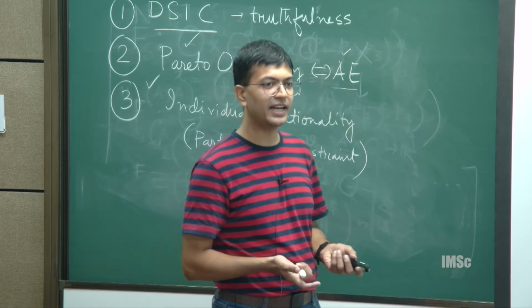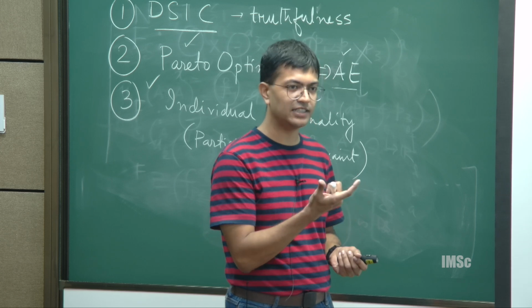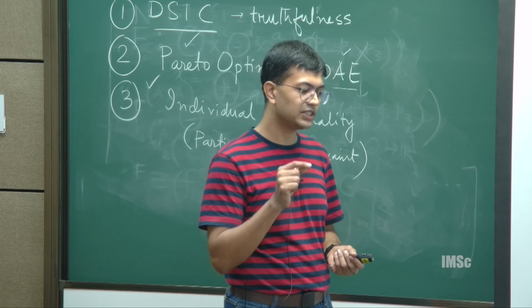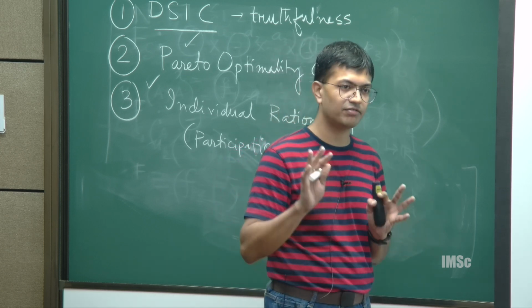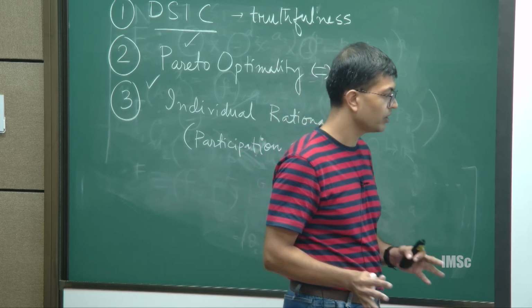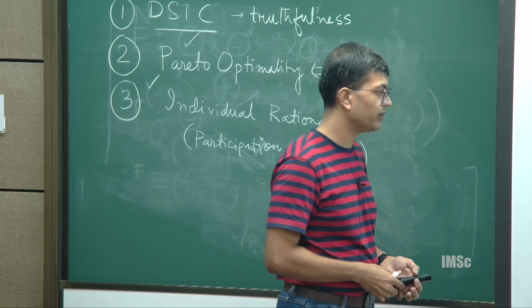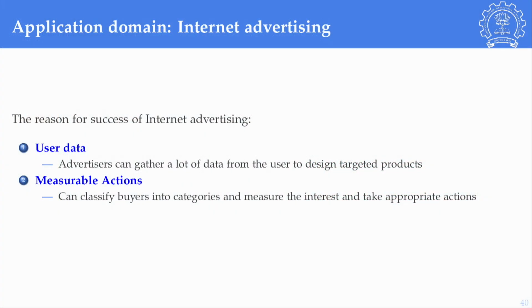On the internet, you can do it, because once your ad is shown and someone clicks on it, it is clear that they were interested and they have landed on your web page. Based on their other information, such as their age group and the cookies they are using, and maybe the period of time, for example a rush period like a festival time, advertisers can do a lot of customization.